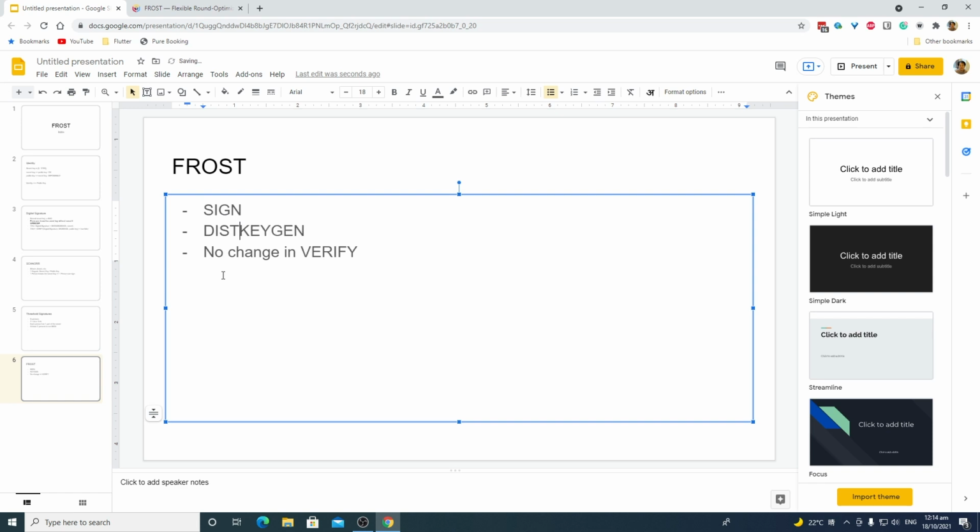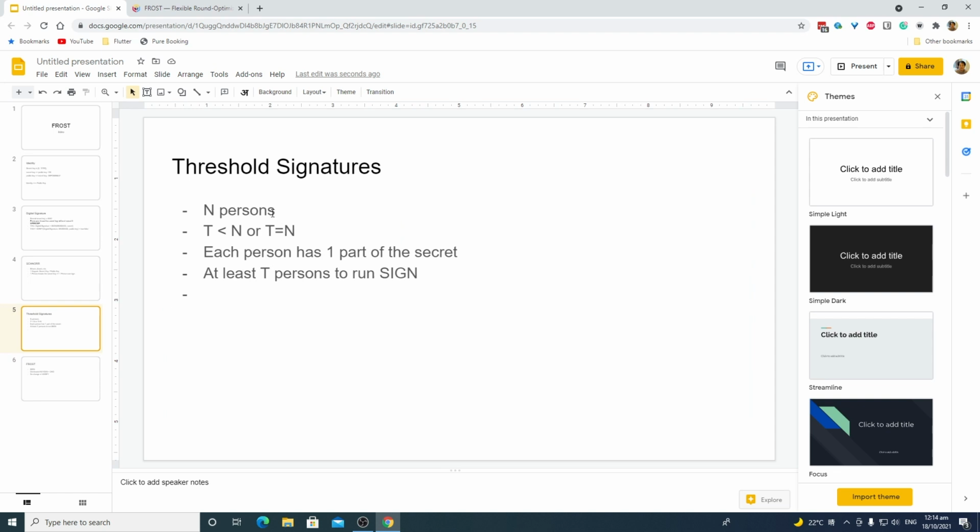So we need to change. Frost needs to change that keygen into an algorithm that distributes the generation of the public key among all these participants. So that's called DKG, distributed key generation. In the DKG scheme, all these n participants will each provide a part of the secret.